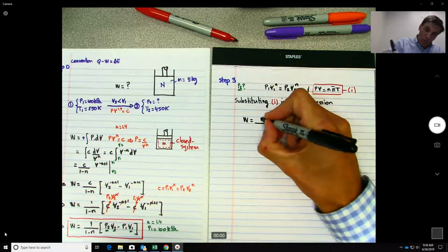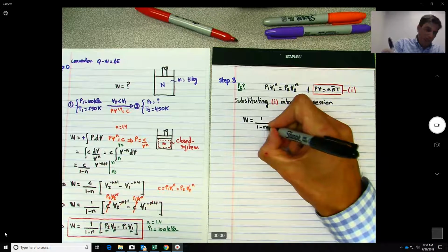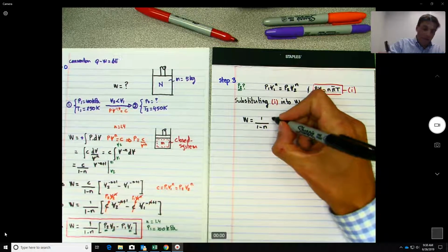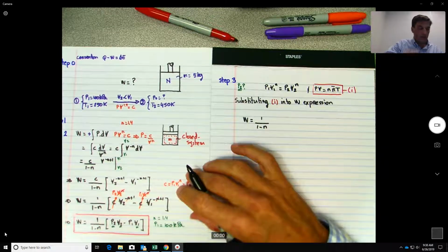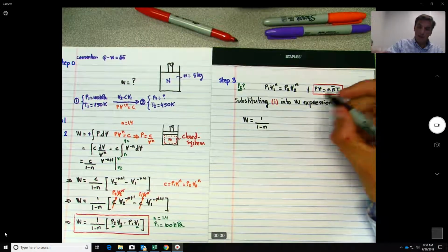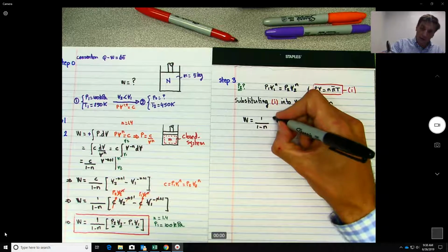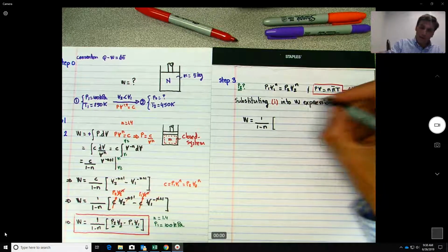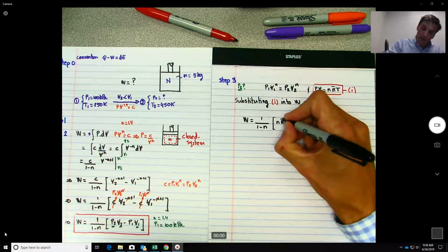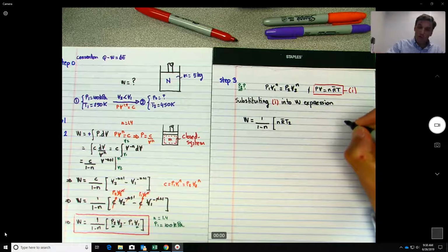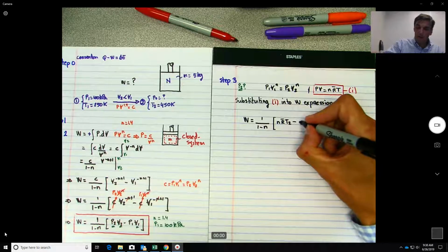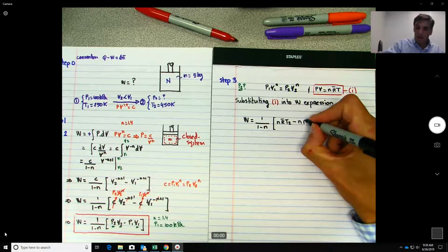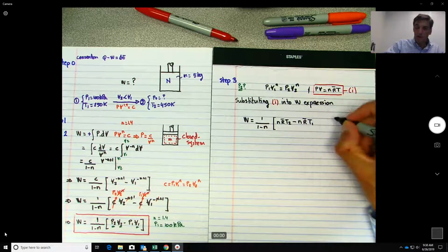Equal to 1 minus n, and now this becomes what? N R T2 minus N R T1.